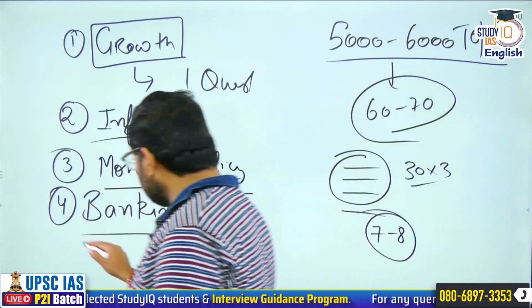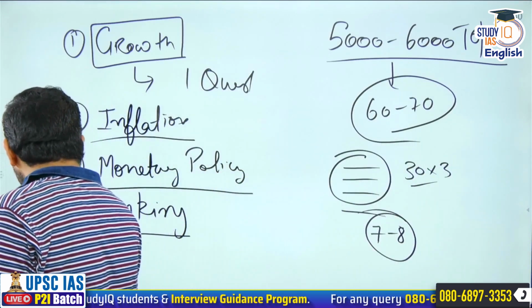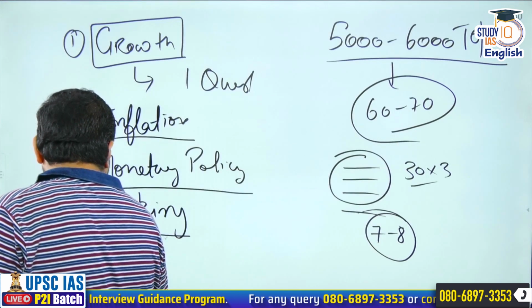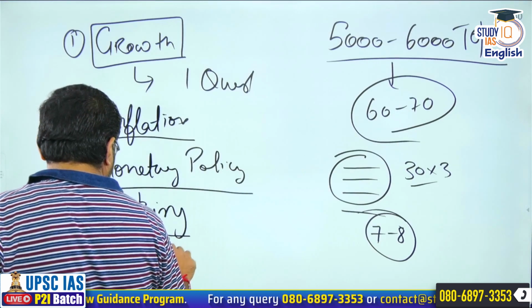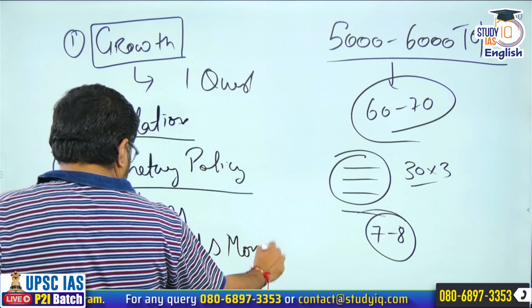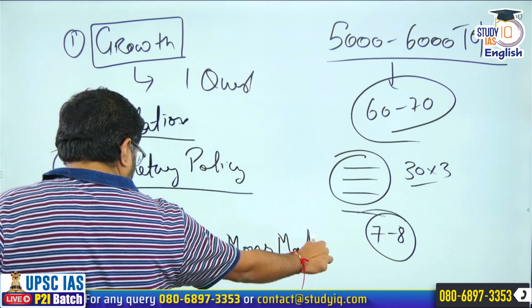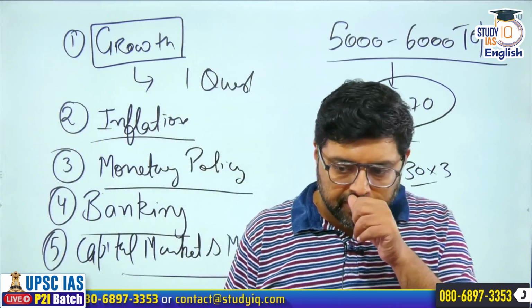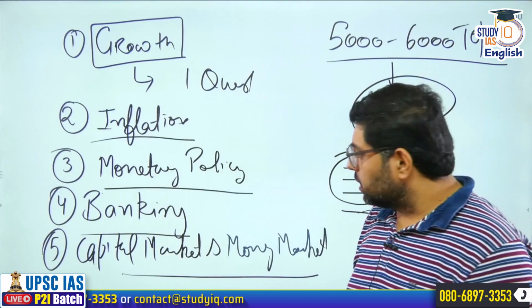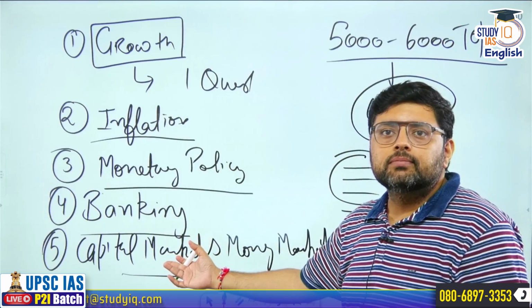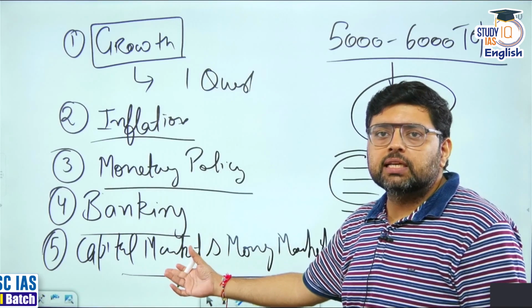Now, apart from that, you must know about other financial sectors like capital market and money market. When I am talking about capital market and money market, here I am talking about SEBI, that is the Securities and Exchange Board of India.